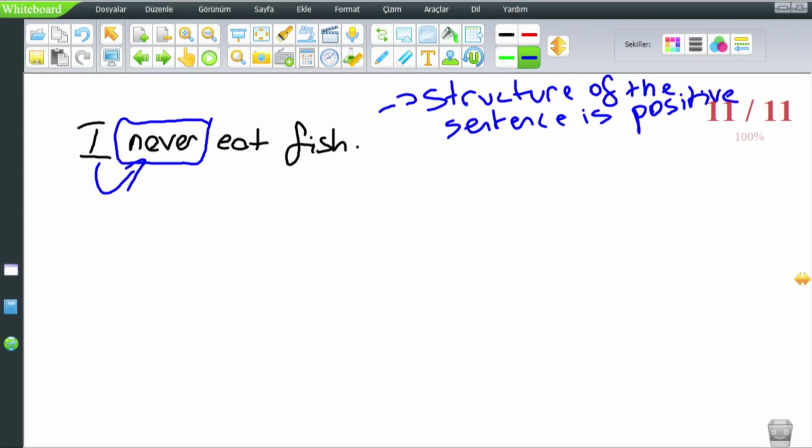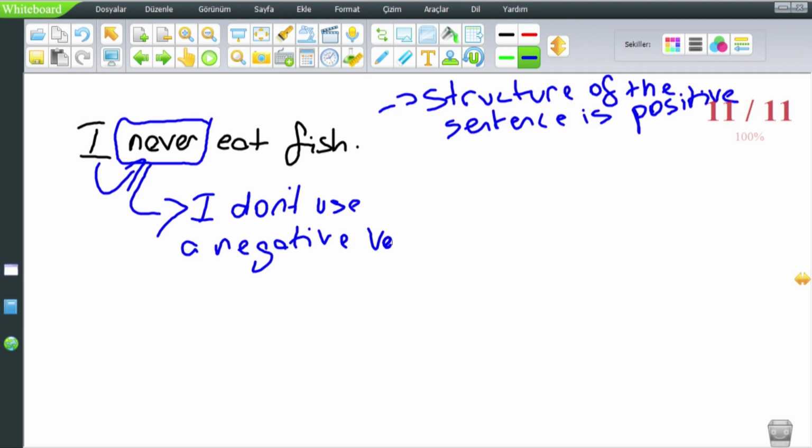What I mean by structure is that in this sentence, the meaning is negative, but the structure is positive because there is no don't, there is no not. So I can learn from this example that when I use never, I don't use a negative verb, because never on its own expresses negativity.